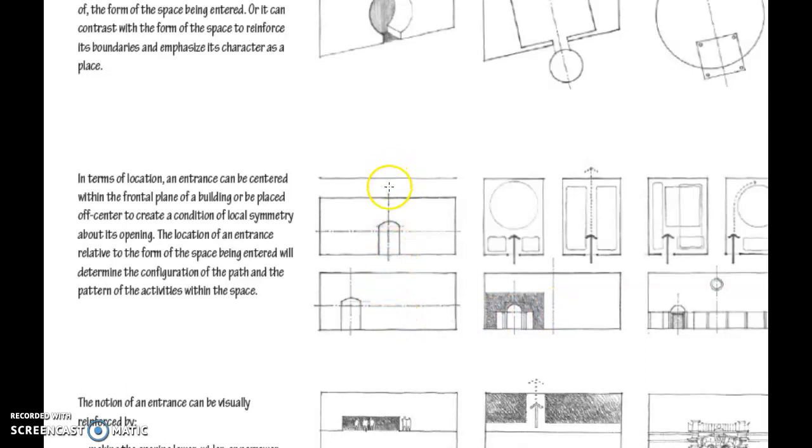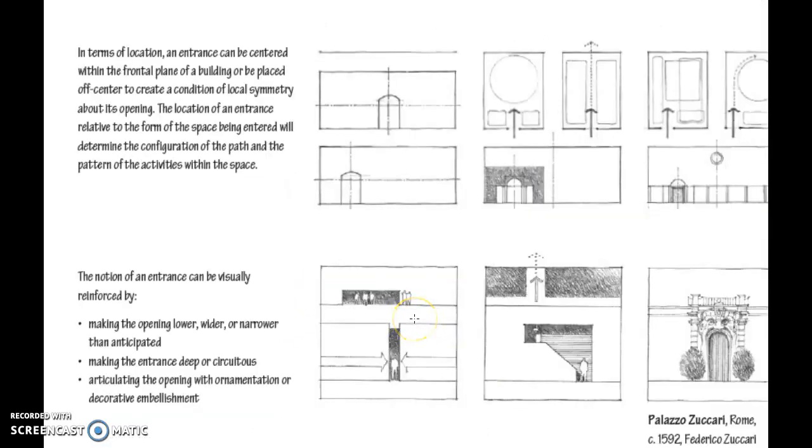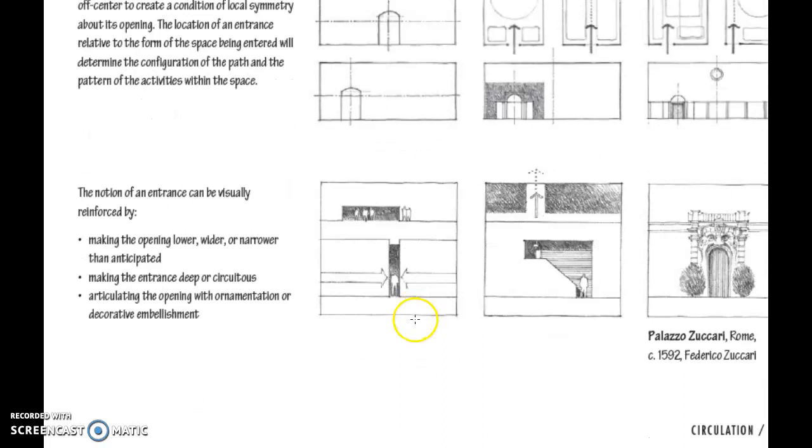Usually the eye reads the entrance in the center more effectively than on the side or off center. The notion of an entrance can be visually reinforced by making the opening lower, wider, or narrower than anticipated.